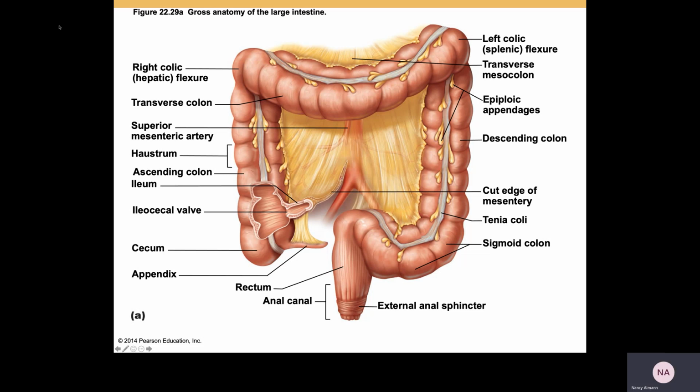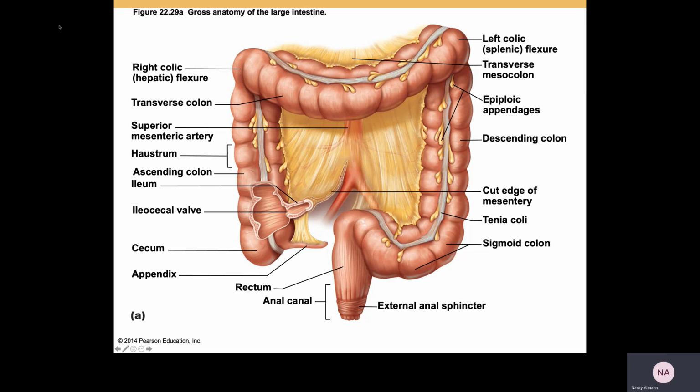Locate the ileocecal valve, which is just up from the lower left-hand corner. The cecum is that blind end to which the appendix attaches. The cecum leads to the ascending colon.